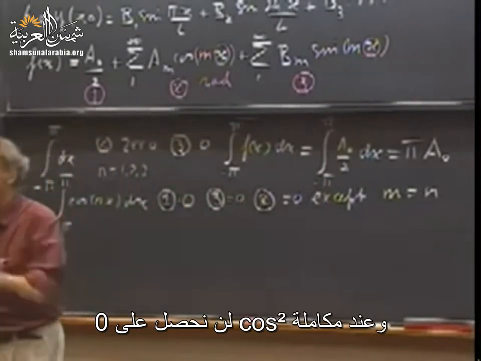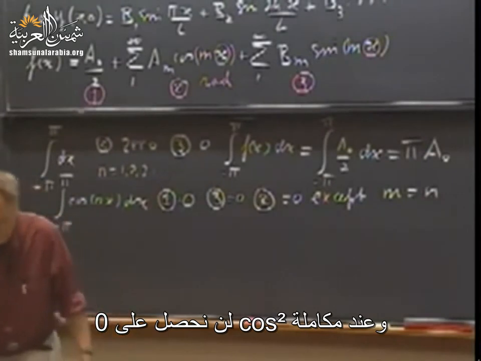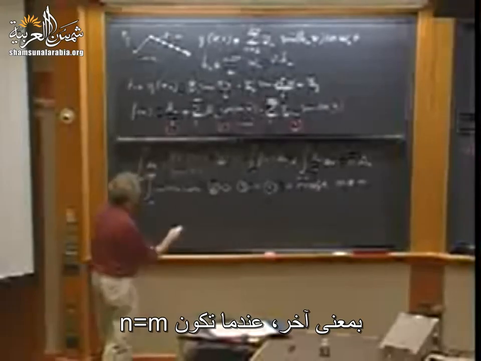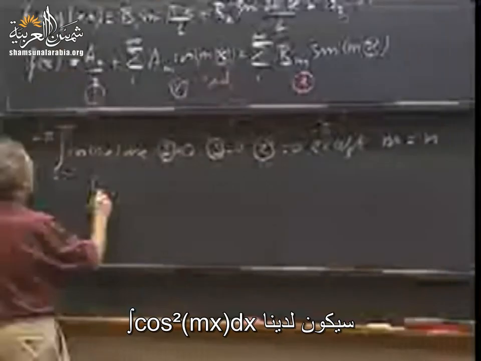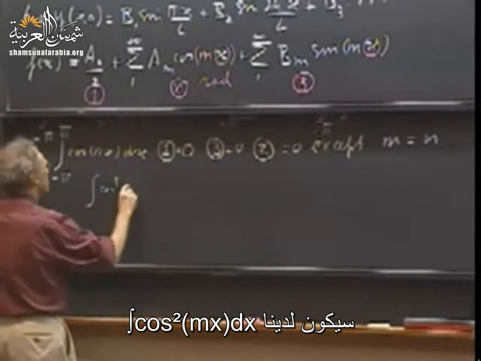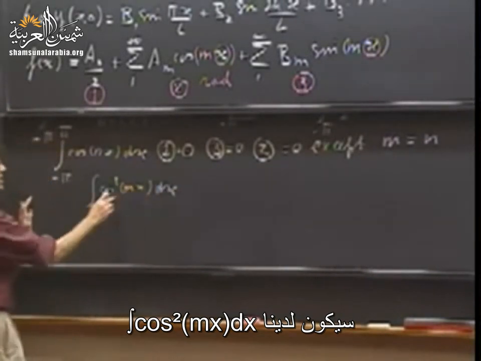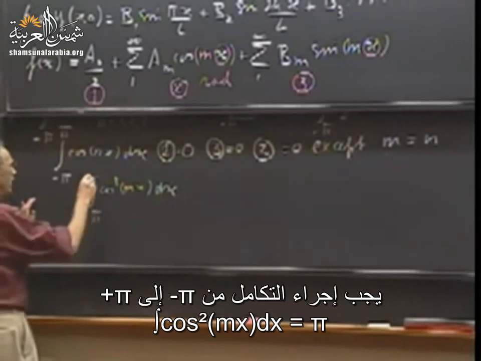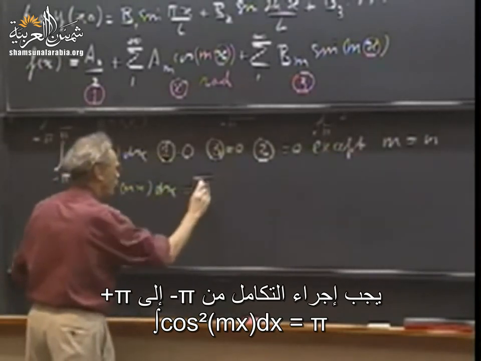And when you integrate a cosine squared, you do not get 0. In other words, if m equals n, you're going to get the cosine squared of m x dx, because m is n, and I must integrate that between minus pi and pi, and that equals pi.